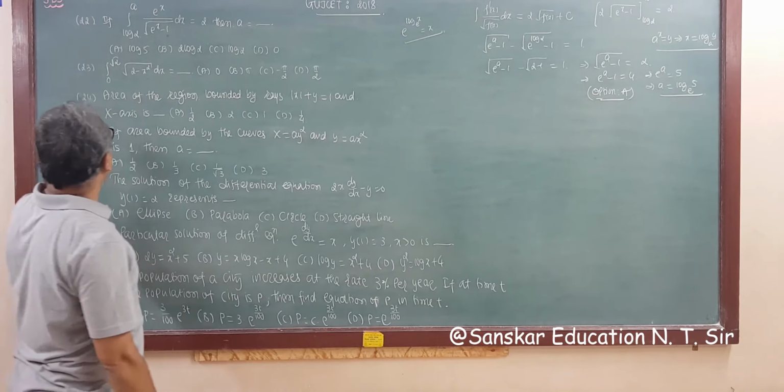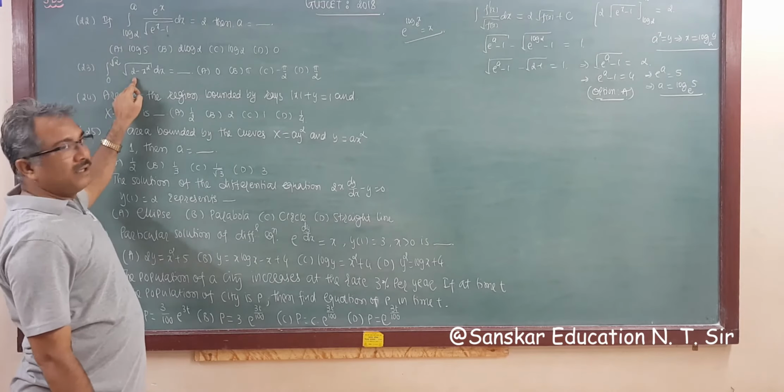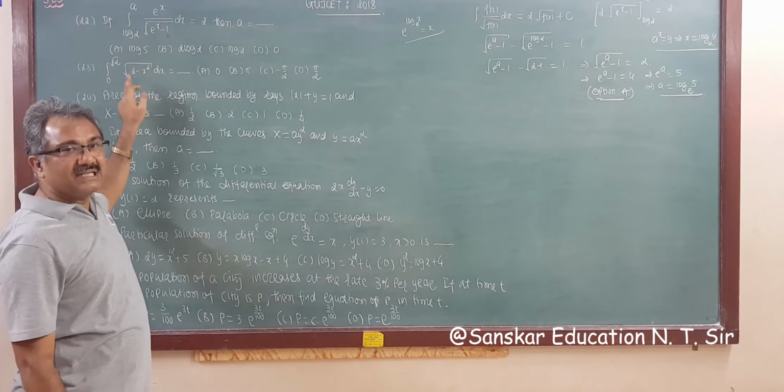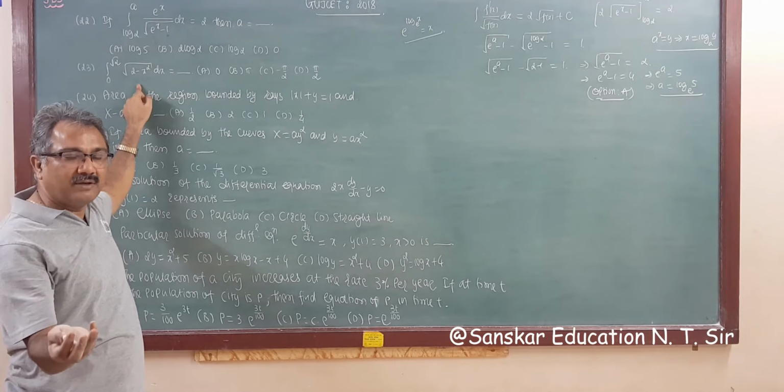Now next question, if the integral from 0 to root 2 of under root 2 minus x square dx, so this is the formula for root a square minus x square, simple, you have to apply the formula.